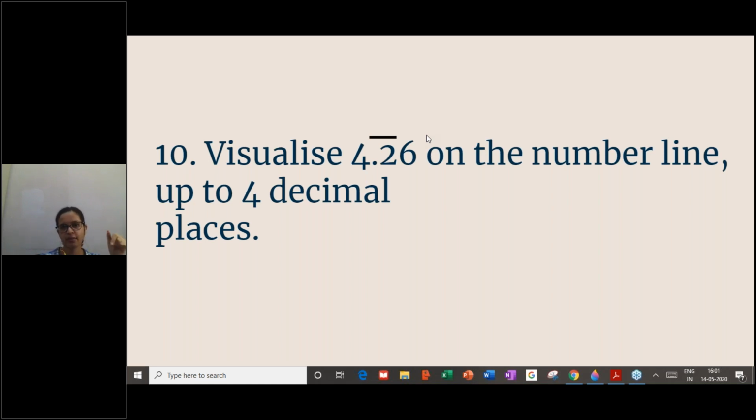And once you see, the number will lie between 4.2 and 4.3 because it's 4.26, right? Then magnify the divisions between 4.2 and 4.3. You get 4.21, 4.22, and so on. You'll get 4.26, right?